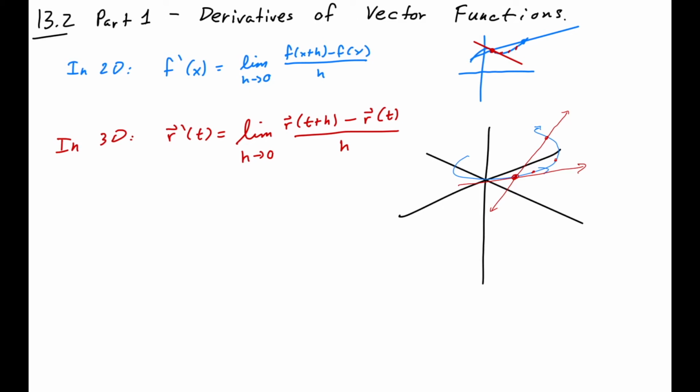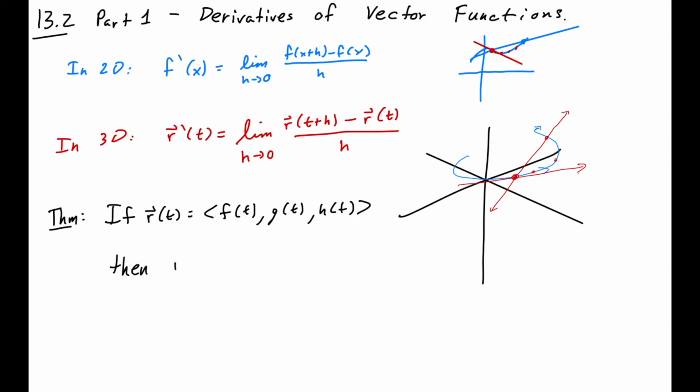The big theorem, and we're not going to prove it; there's a proof in the book. I'll say it as a theorem: if r of t is f of t, g of t, and h of t, now h is not the change, it's the function, then r prime is exactly what you would think: f prime, g prime, h prime.